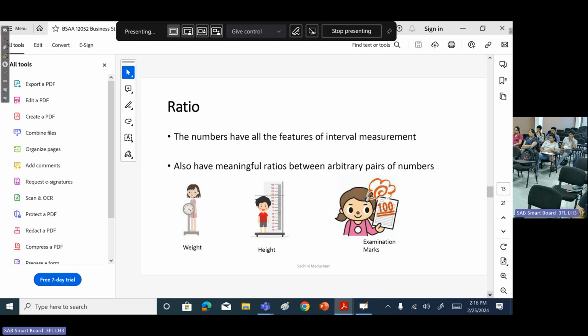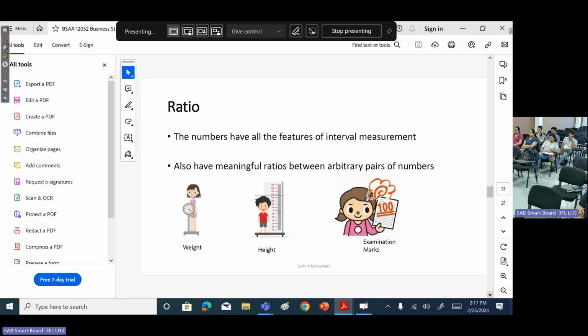Okay, then we can apply equal, not equal, greater than, less than, addition or subtraction. What are the special features in the ratio scale? Can apply multiplication and division. Okay, then mark, weight, height, income level, expenditure, all those are falling into the ratio scale.